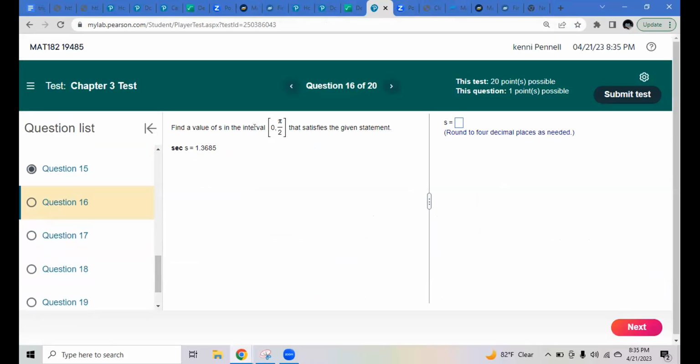All right. So this one, you are undoing secant, and this is a calculator problem here. Let me grab a snip of it just to give some brief explanation.